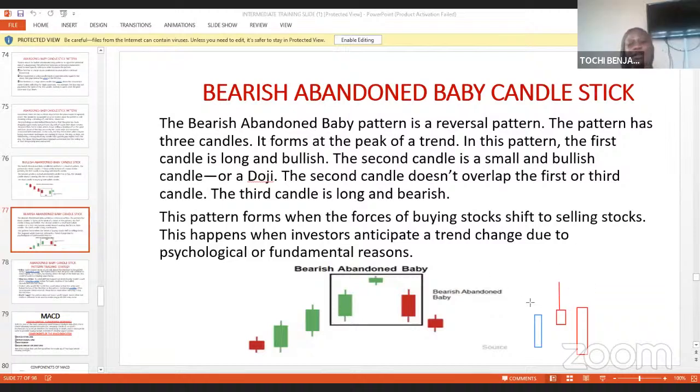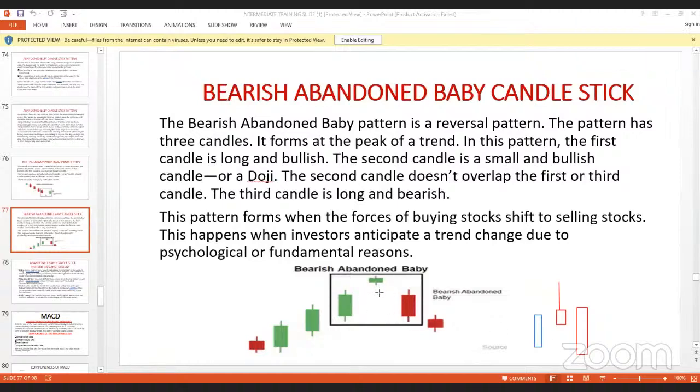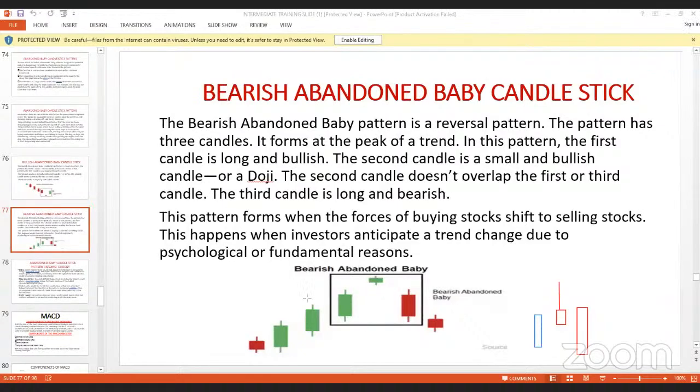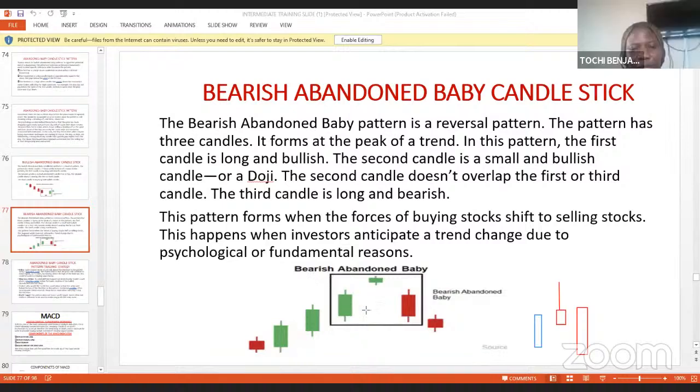Okay, let's have it like this. Now, this formation is 3-3, but this formation and this formation, is it the same? Yeah, they are not the same, but the difference is that one, the wick is very long. That's not the difference. Mute your mic so you can hear me.